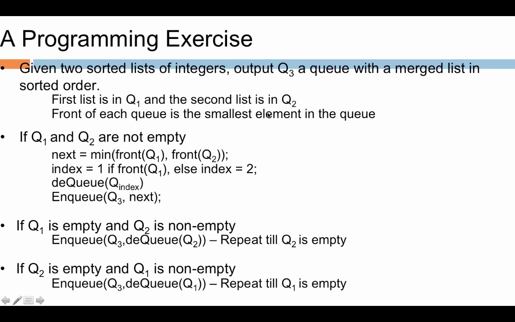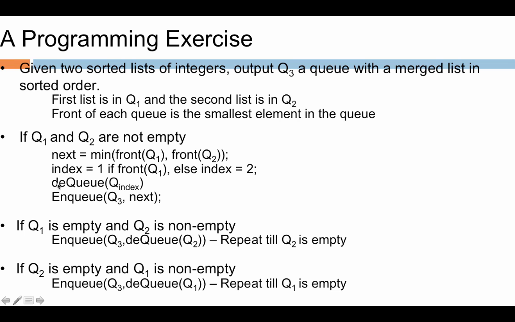Now let us look at the pseudocode for this in terms of the functions that we have written. If the two queues are not empty, then you pick the front of Q1 and the front of Q2. These are the peek front functions. Take the smallest of them as next. Now keep index equal to 1 if next is the front of Q1, else index is 2.